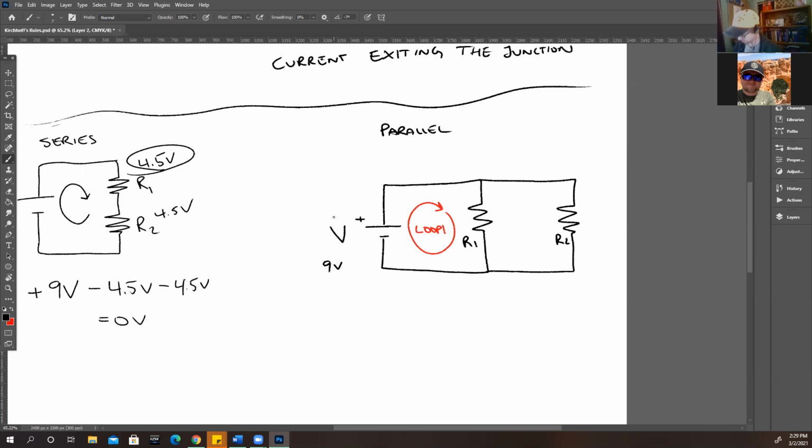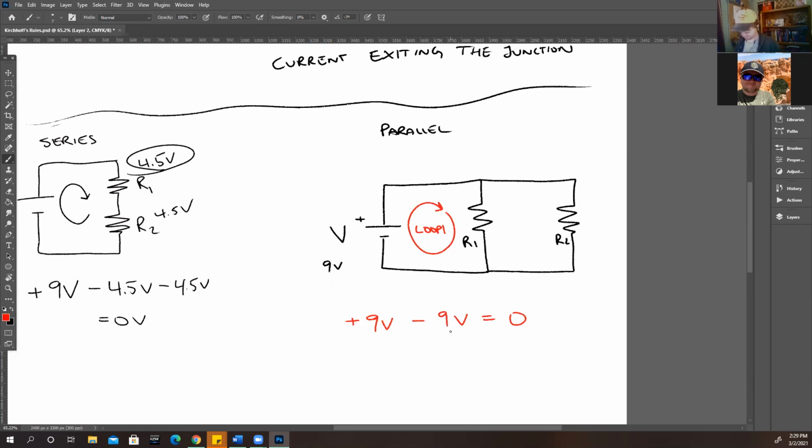The battery that's providing the power, I'm going to say that's positive 9 volts. Let me do this in red so I know that this is loop 1. 9 volts. And in this one small loop, it only has one resistor. And that resistor is consuming the voltage. So that's minus 9 volts equals 0.